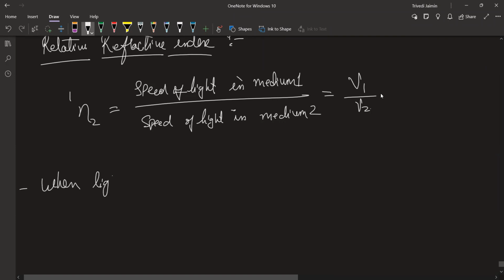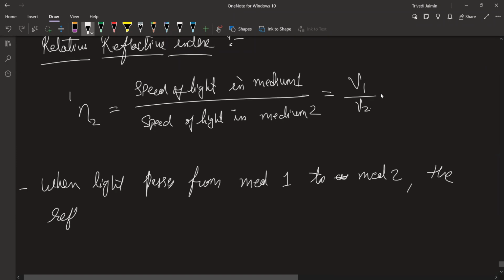When light passes from medium 1 to medium 2, the refractive index of medium 2 with respect to medium 1, we will write like this, n21.